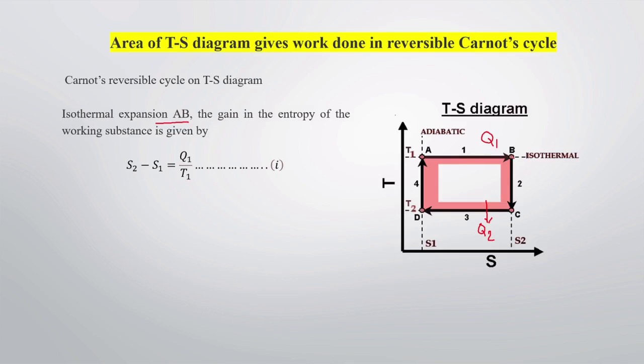Now when you go from B to C along this adiabatic expansion BC, there is no change in entropy. As you can see, there is constant entropy.